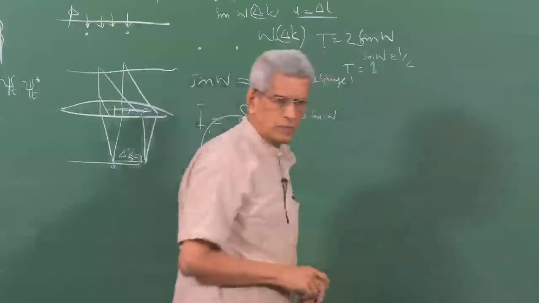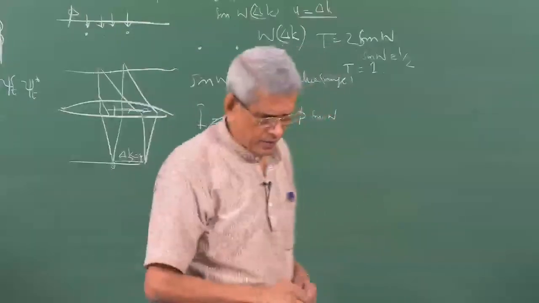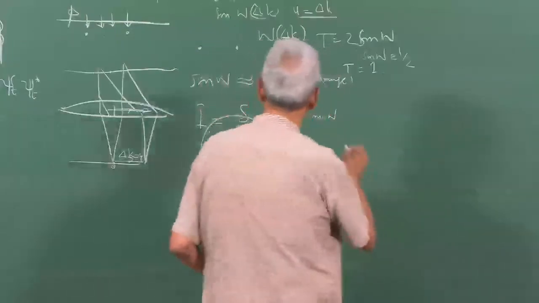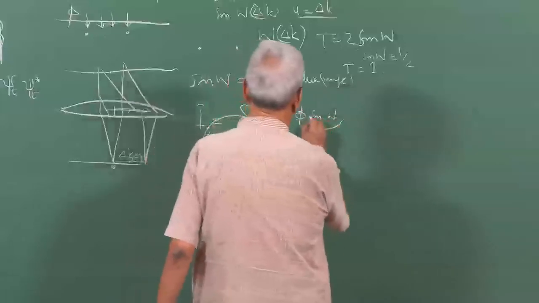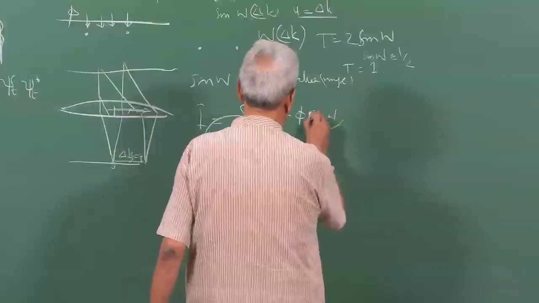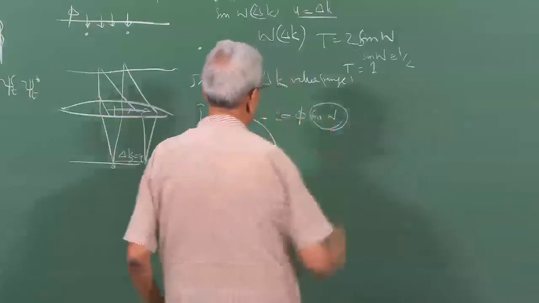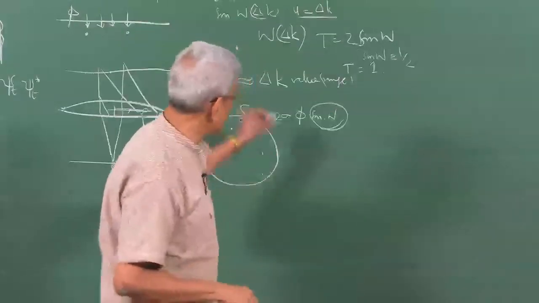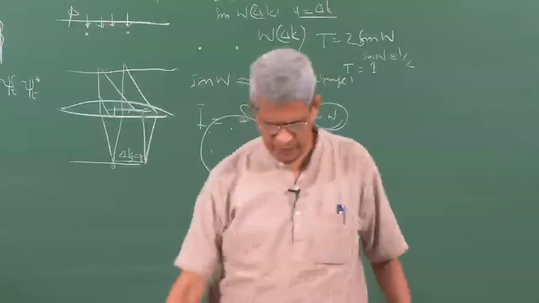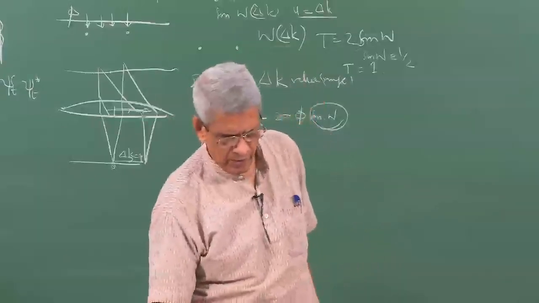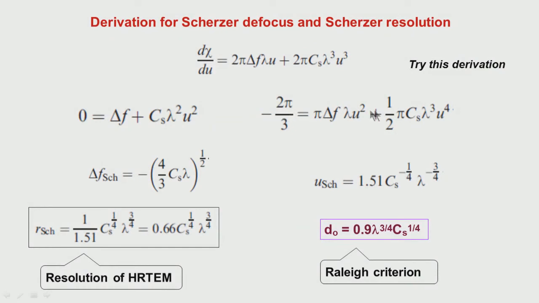If this value of t becomes 1, essentially what is going to happen is that this value becomes 1. So, essentially we get the maximum contrast which we can obtain.